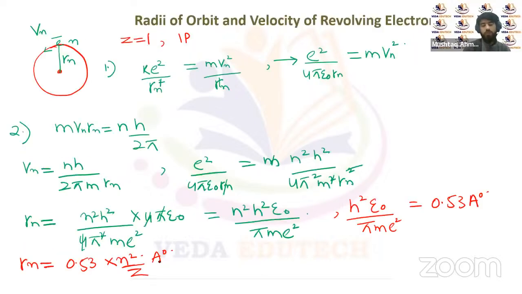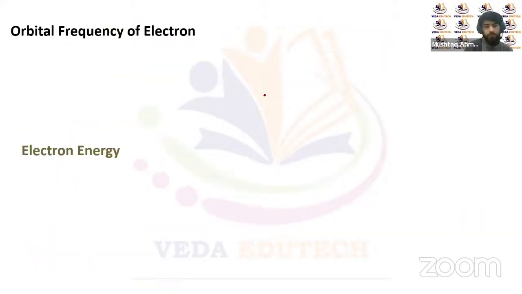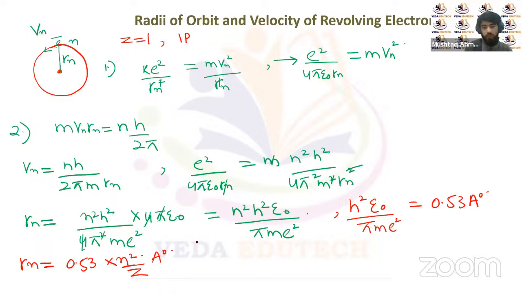Now, if we substitute the value of radius back into this equation, we'll get the velocity of an electron. The velocity of an electron in the nth orbit will be equal to 2.18 into 10 to the power 8 meter per second.